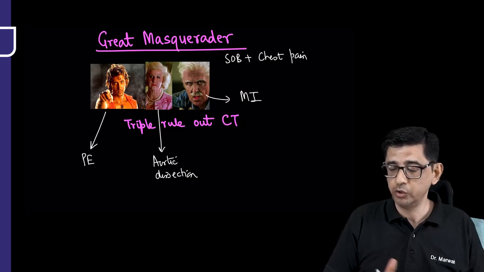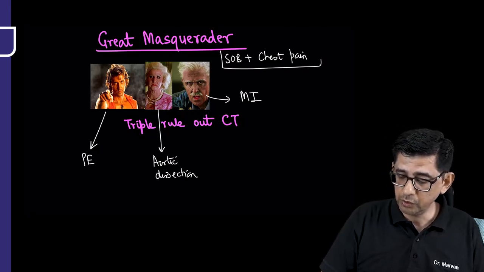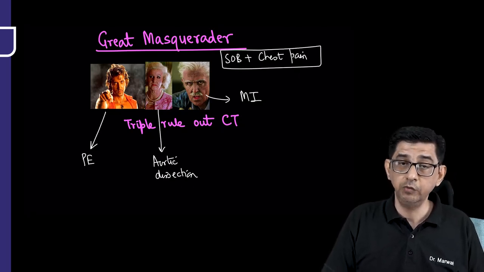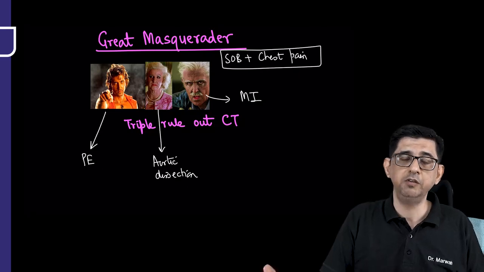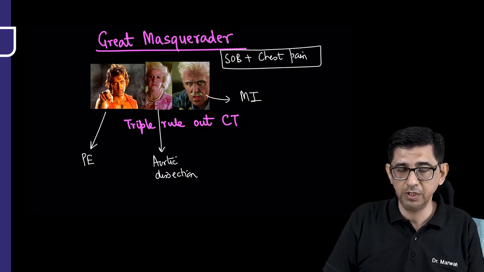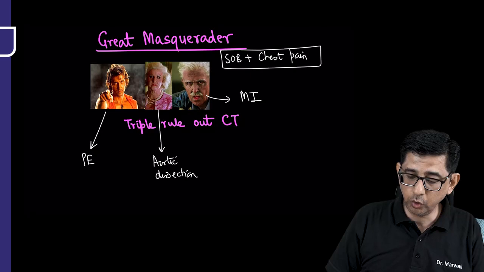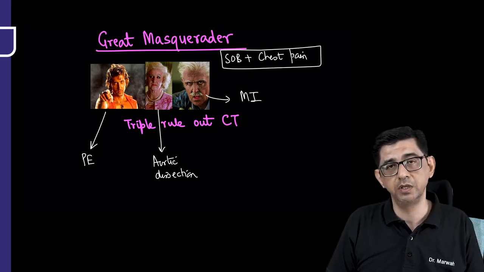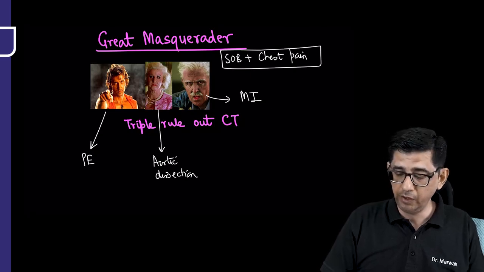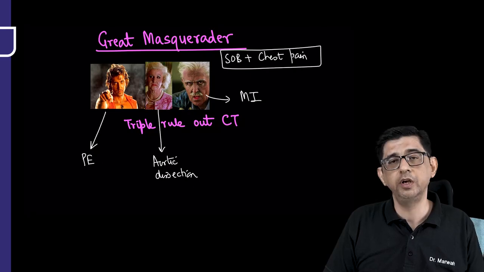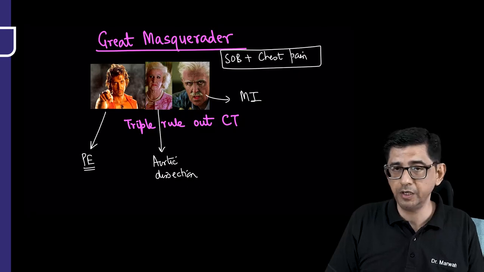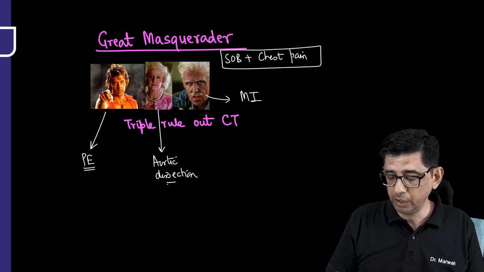So what I want to teach you is that whenever a question begins with the words shortness of breath and chest pain in an old man, even if it mentions cancer surgery, even if it mentions the high risk conditions that we have discussed, pulmonary embolism is obviously one of the differential diagnoses, but there are two other differentials which must be considered. That is aortic dissection and myocardial infarction, and that is why it has mentioned triple rule out CT, because a CT can easily identify the clot in the pulmonary artery, CTPA, and can also pick up the tear in the aorta.